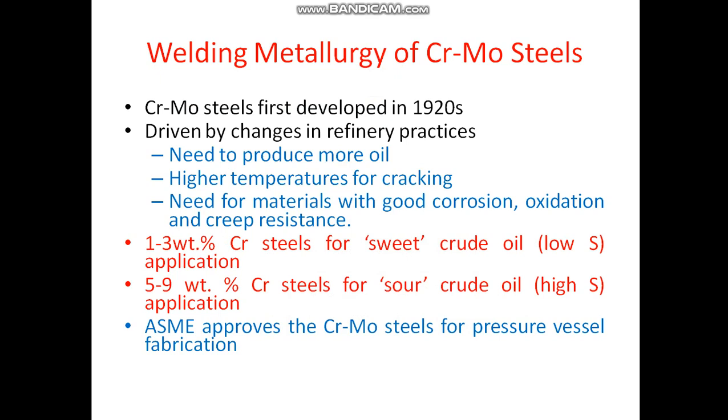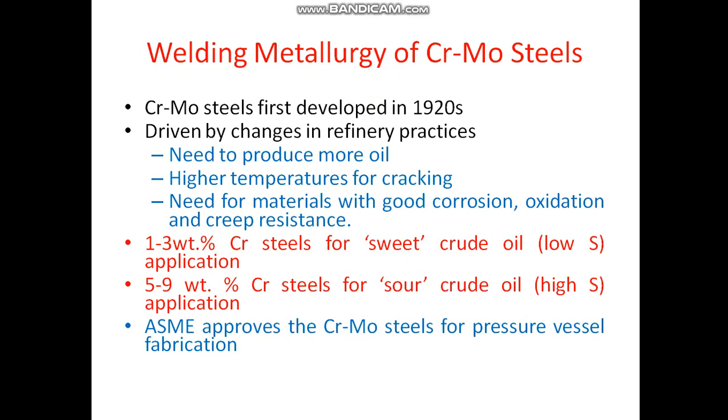Chromoly steels were first developed in the 1920s, and over a period of time there have been many developments in the alloy to meet the requirements of the industry, like the need to produce more oil, meaning productivity, high temperature strength, and material with good corrosion, oxidation and creep resistance.